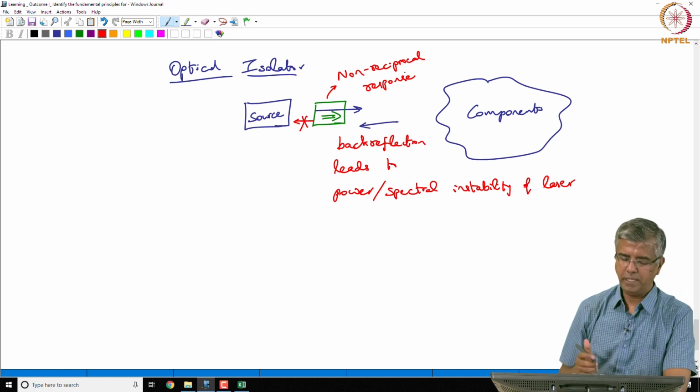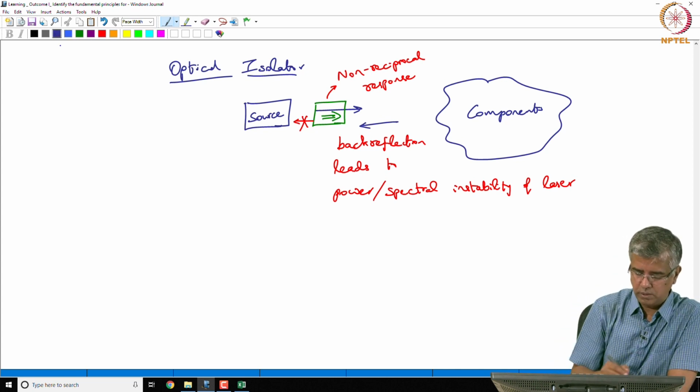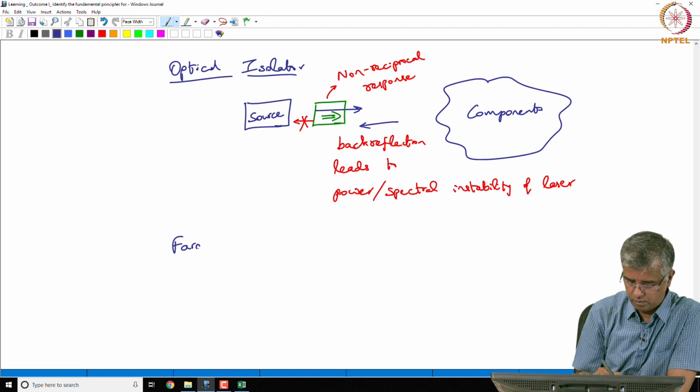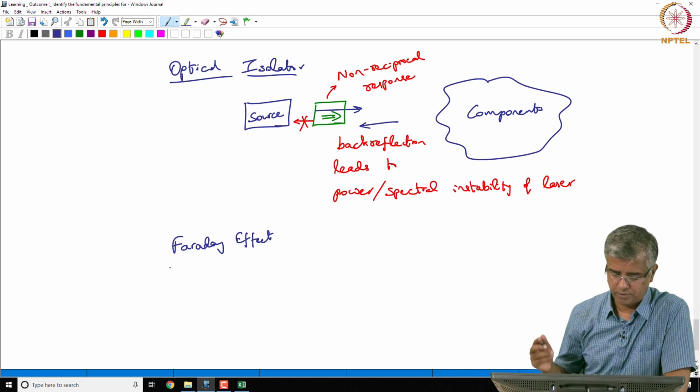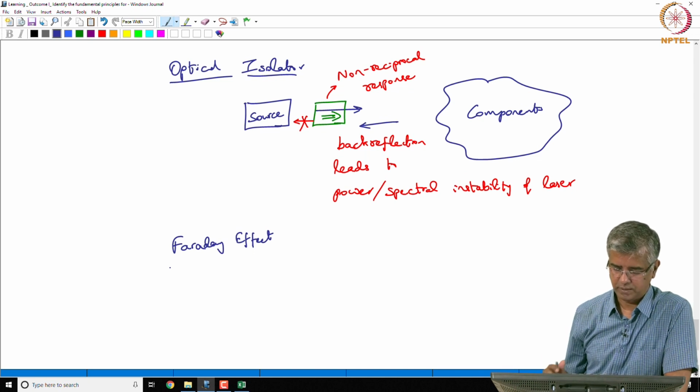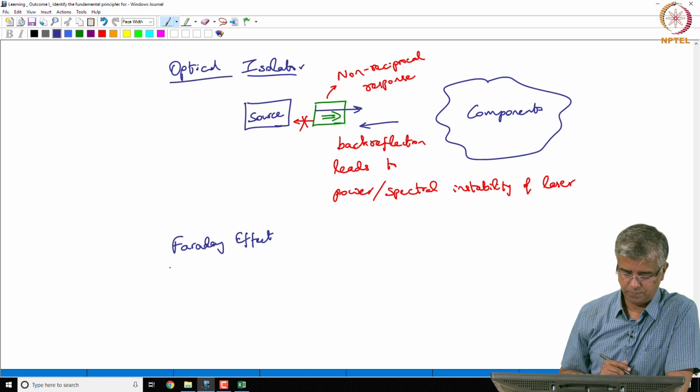One way of achieving that is through what is called the Faraday effect. Clearly, it is named after Michael Faraday, who has a lot of brilliant observations.